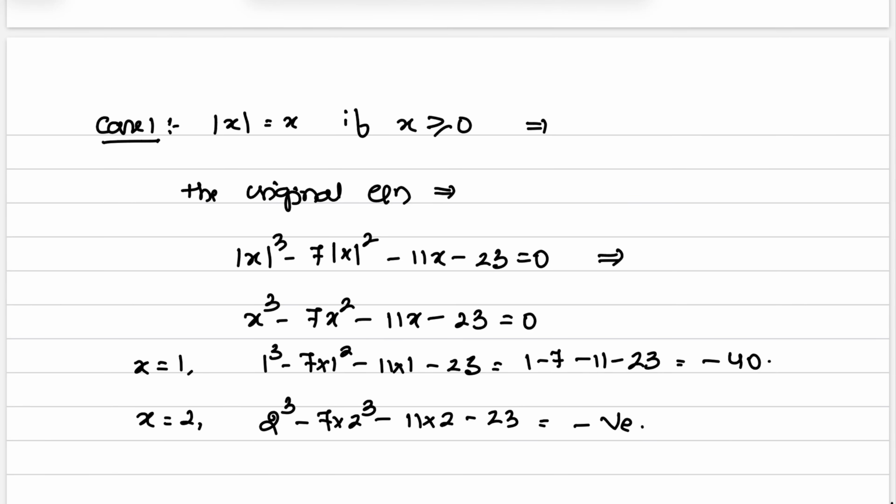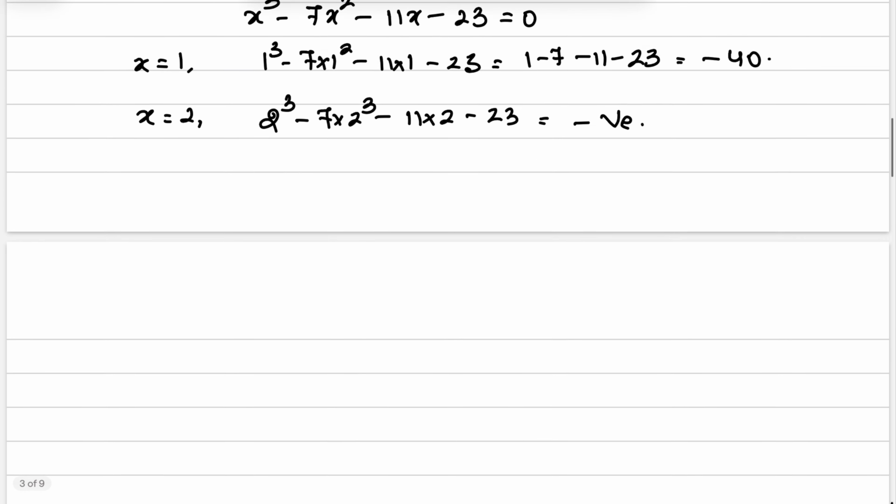The equation will have a solution when the function f(x) changes its sign. Please remember that. For x is equal to 3, f(x) is 3 cube minus 7 into 3 square minus 11 into 3 minus 23.